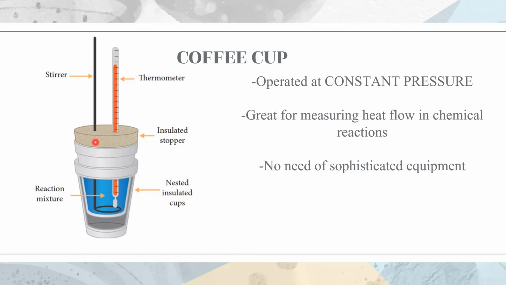And so what this coffee cup calorimetry is basically, we have those two cups and we put water inside of one of our cups. And we can also put any of our reactants, and this will be floating inside of the water.